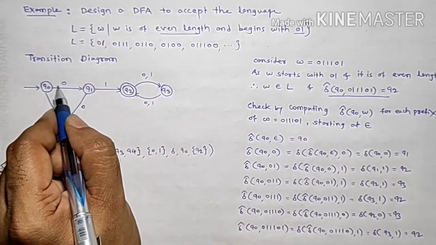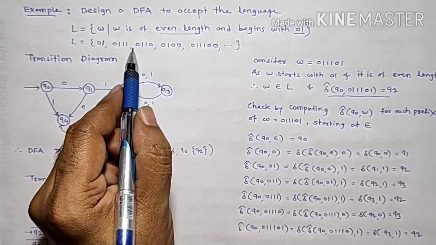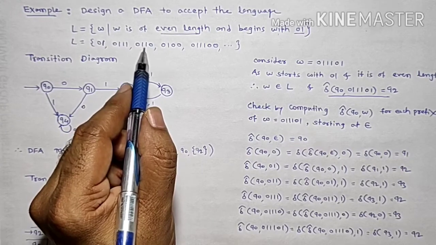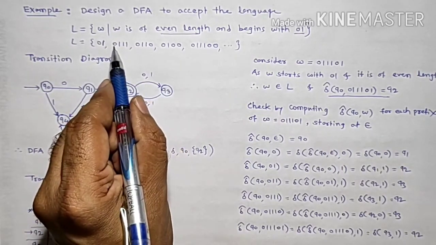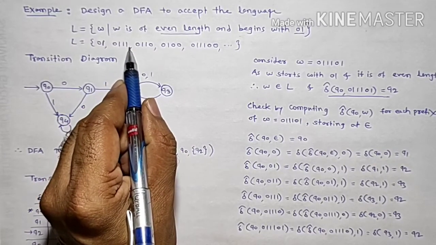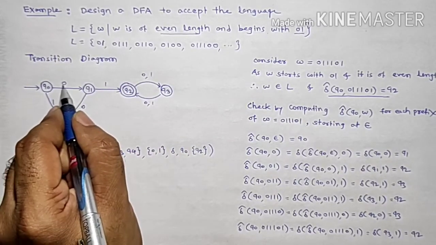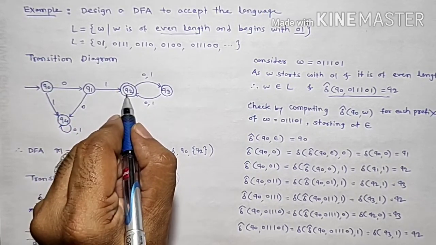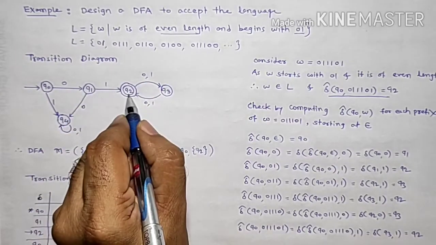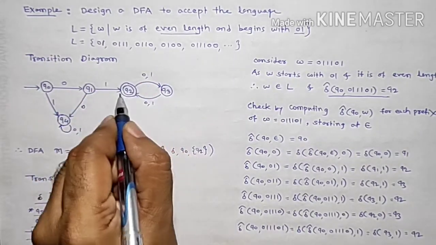So the first basic string is of length 2, and further our strings increase like length 4, length 6 and so on. If we consider the string 0111, it is accepted like this. Q0 on 0 goes to Q1, Q1 on 1 goes to Q2, then Q2 on 1 goes to Q3, and Q3 on 1 goes to Q2.